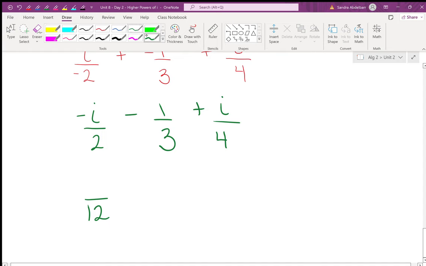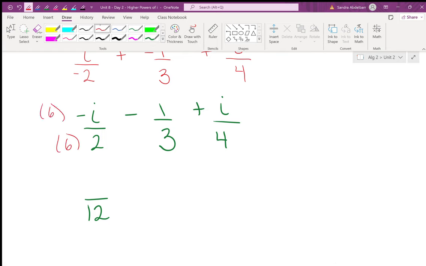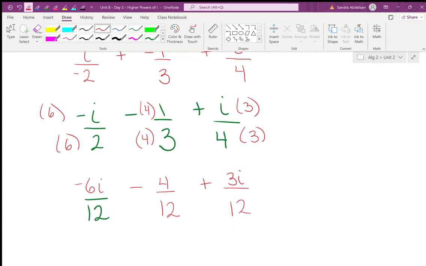So for the first fraction, I will multiply numerator and denominator by 6. So we're at negative 6i in our numerator. For the second fraction, I'm going to multiply numerator and denominator by 4. So we're at a negative 4 over 12. And the last one, I'm going to multiply numerator and denominator by 3. So we're at plus 3i over 12.